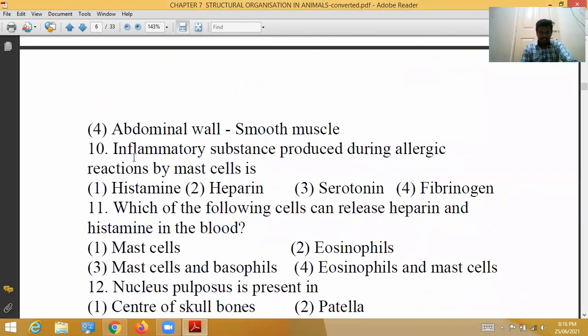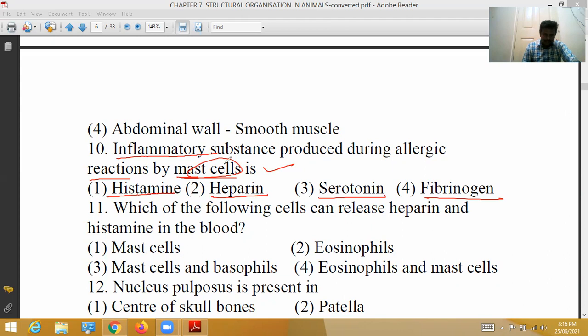10th question. Inflammatory substance produced during allergic reactions by mast cells is. Inflammatory substances means allergic substances produced during allergic reactions by mast cells. Mast cells are a kind of white blood cells. The options are histamine, heparin, serotonin, and fibrinogen. So the inflammatory substance produced during allergic reactions by mast cells is histamine.